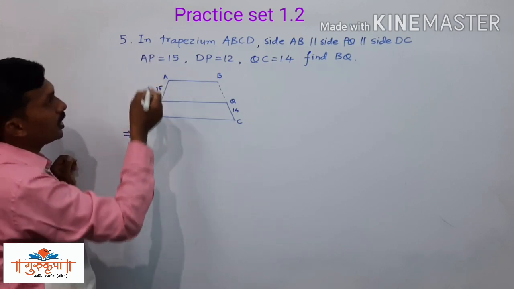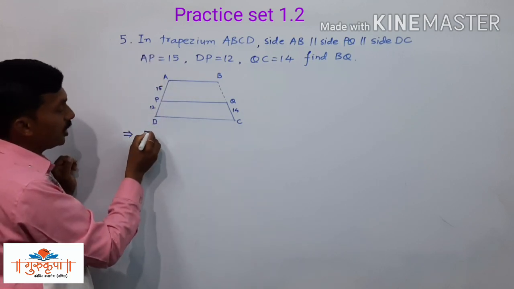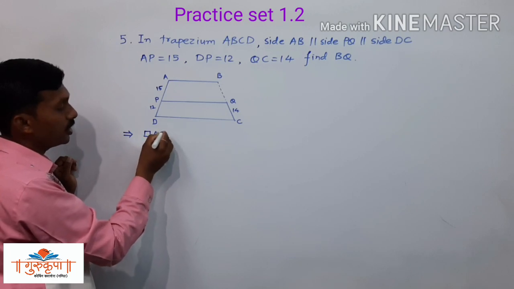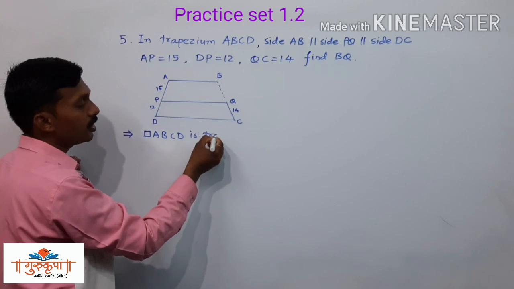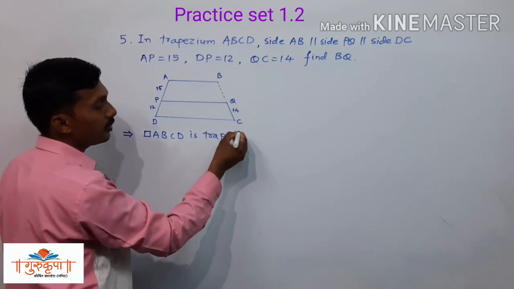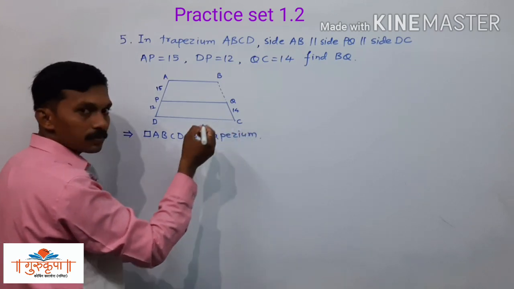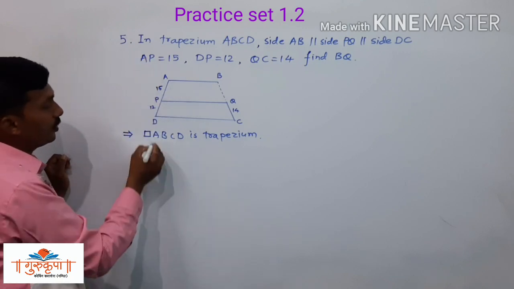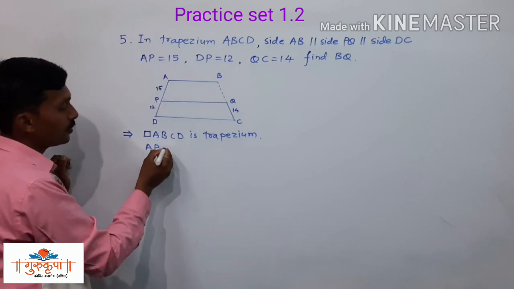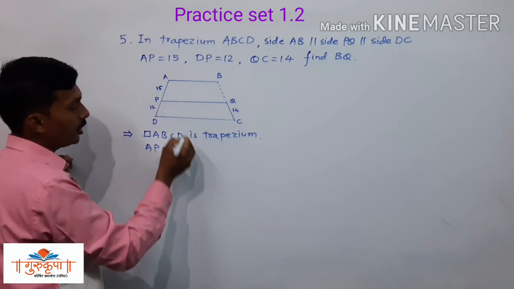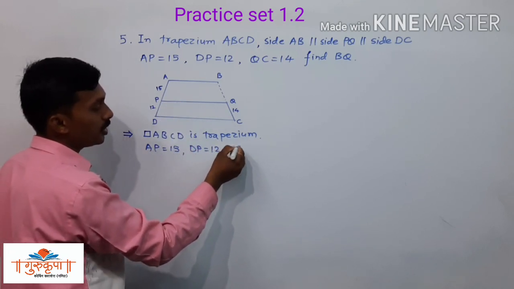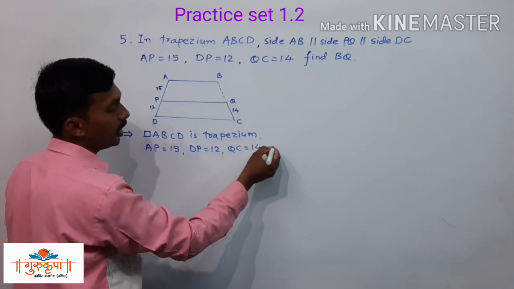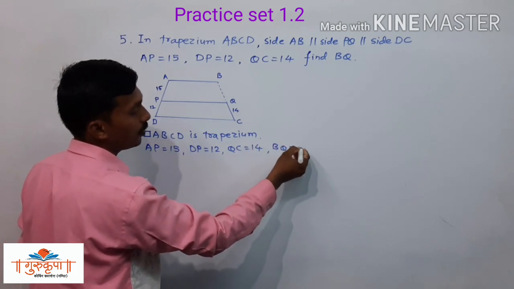First we will write the given information: quadrilateral ABCD is a trapezium. Then AP is equal to 15, DP is equal to 12, QC is equal to 14, and we have to find BQ.